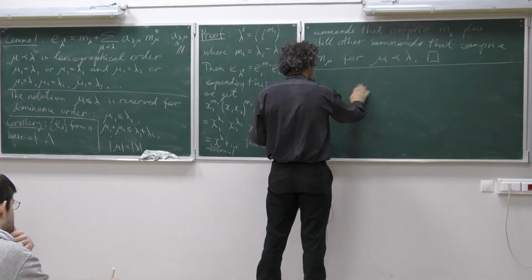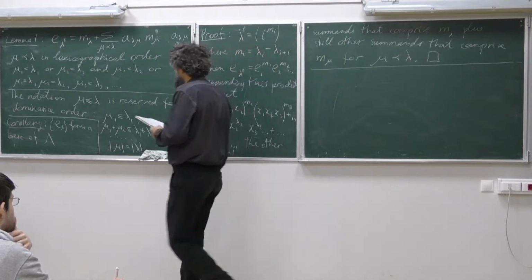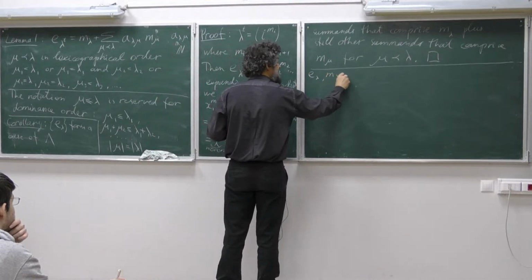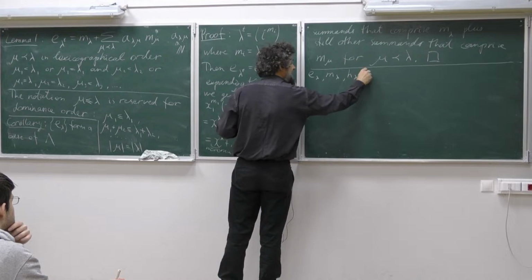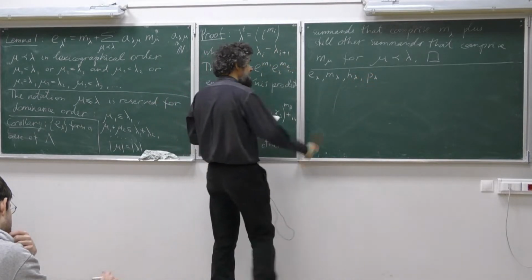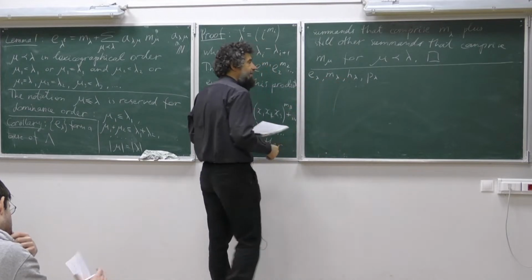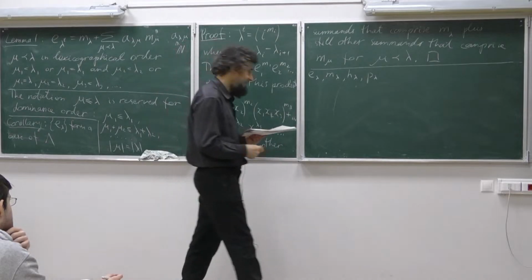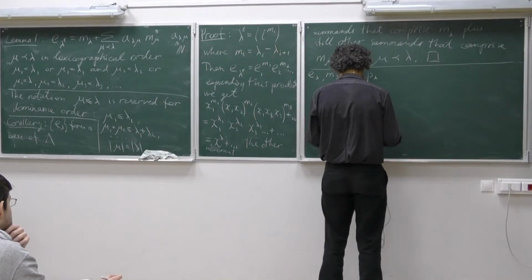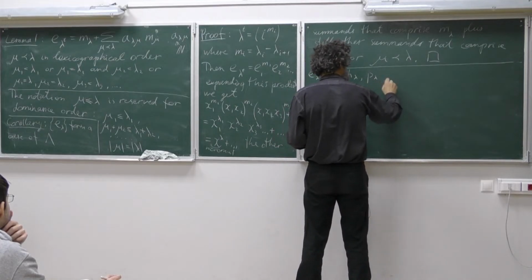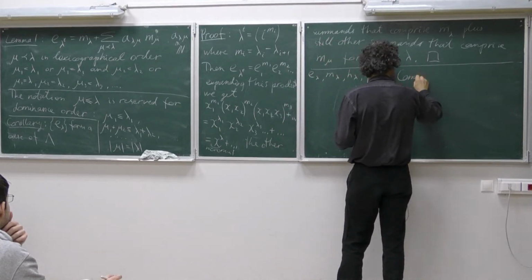Now we had all the other guys, E lambda, M lambda, H lambda, P lambda. And turns out that H lambda and E lambda are very similar, though they don't look very similar at first glance. So let's study the complete functions.